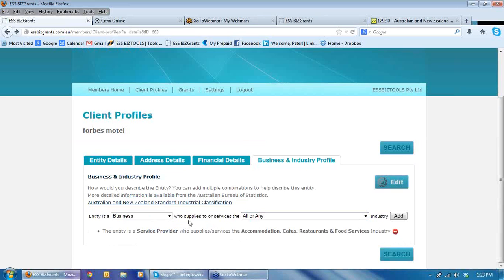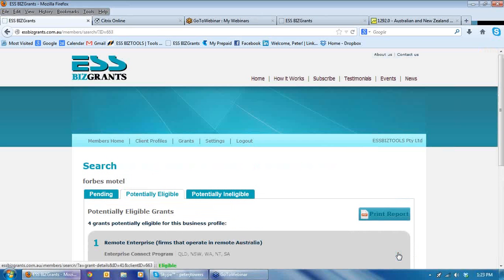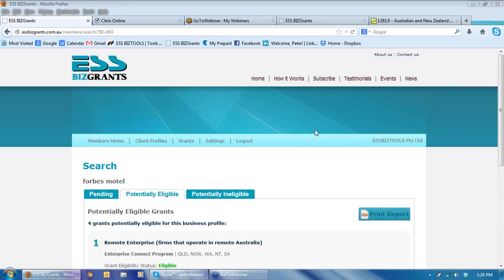So we were in the Australian and New Zealand industrial classifications, and we've now come back. We can now click search and go through to the area.